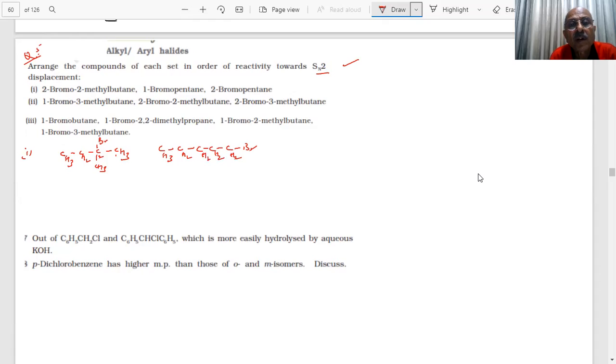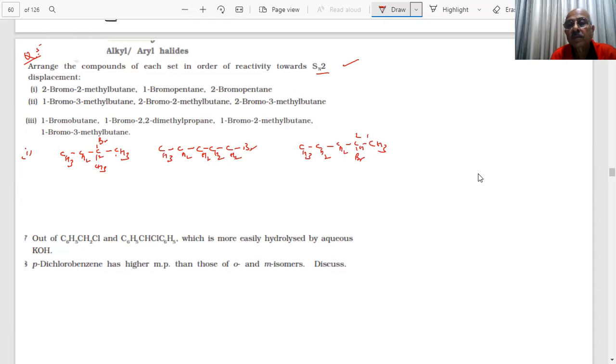And then 2-bromopentane, students: CH3, CH, CH3, secondary. So you are given three compounds, students.